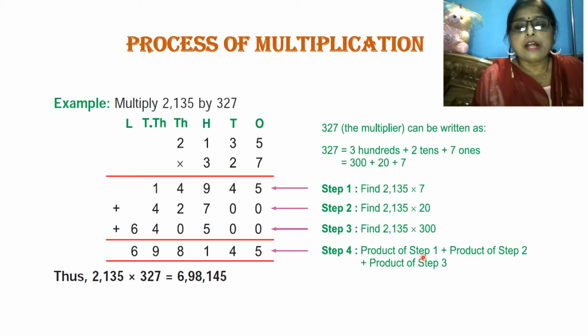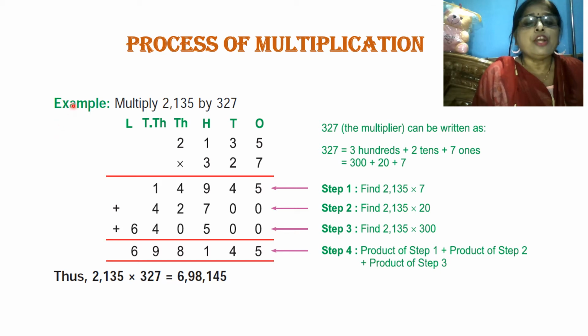So the products of step first, step 2 and step 3 will be added, and after adding we get 6,98,145. So the final answer is 6,98,145. In this way, you can solve the multiplication of whatever digits we have to multiply. By this process: step 1, step 2, step 3, step 4. In this way, we will solve it.